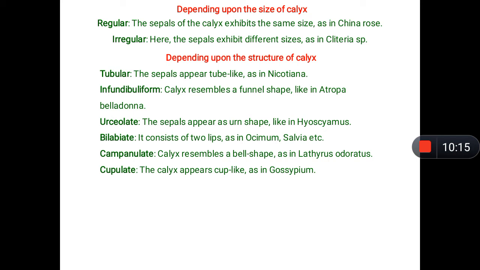Campanulate. Calyx resembles a bell shape. It looks like a bell. That is in Lathyrus odoratus. That structure is called campanulate. And cupulate, the calyx appears like a cup, as in Gossypium. Gossypium is commonly called cotton.